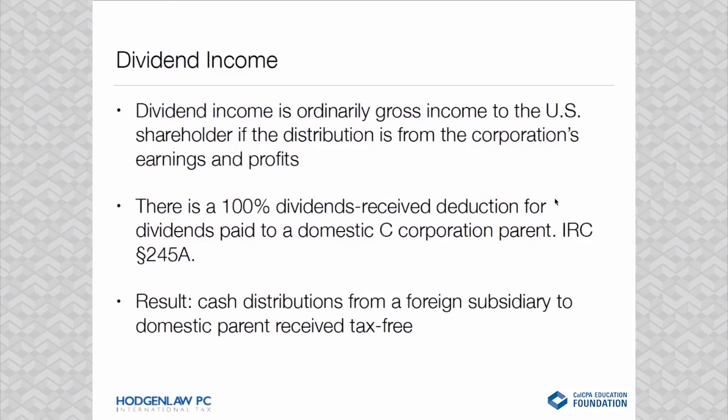Yay, hey presto, the net result, and this was one of the keystones that Congress keeps yelling about, is we allow you to repatriate cash from your foreign subsidiaries tax-free. So as the $350,000 of cash comes upstream from the foreign subsidiary to the domestic corporation, it's going to be 100% tax-free on the Form 1120 that you're preparing for the holdco.